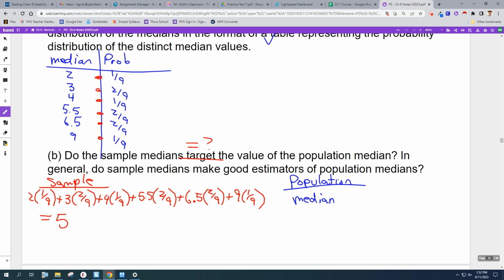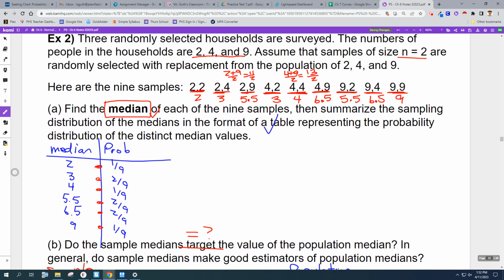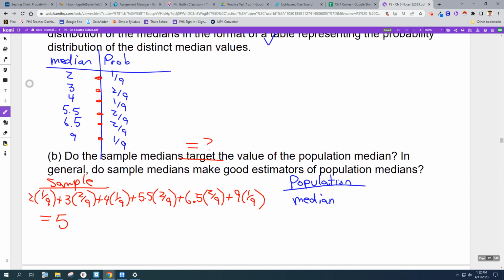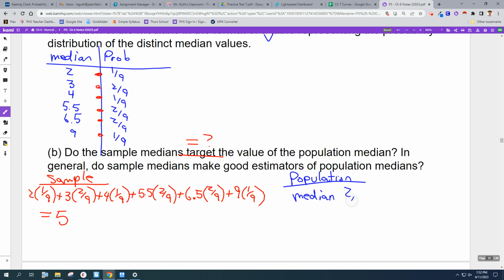And our numbers were 2, 4, and 9. The population numbers were 2 and 4 and 9. All you have to do is find the median right there. The median is 4. The population median is 4.